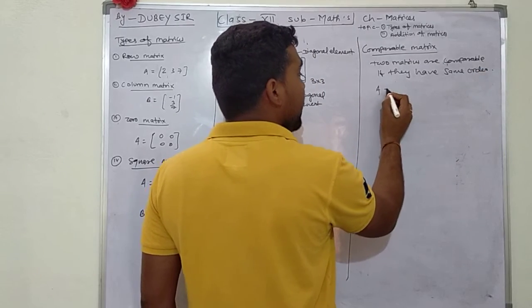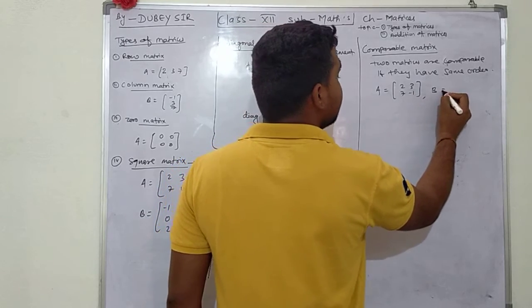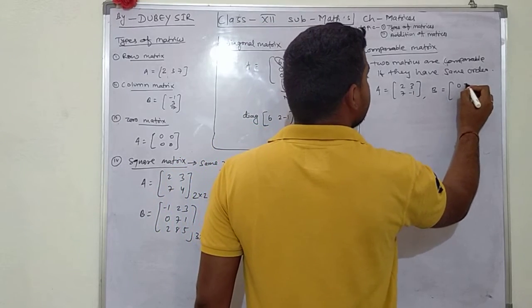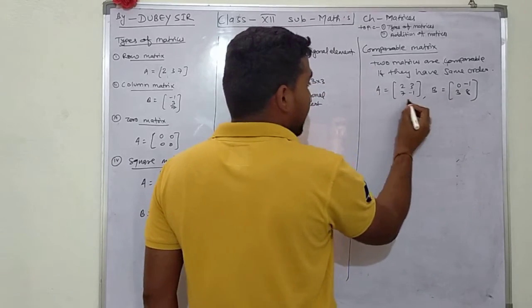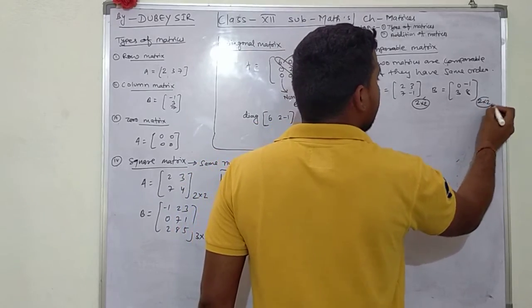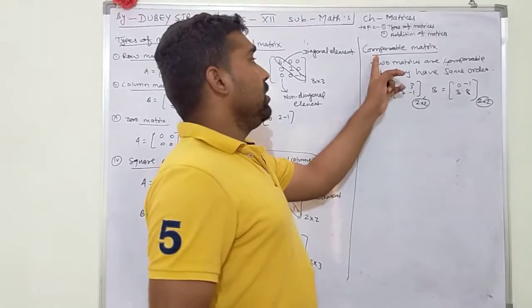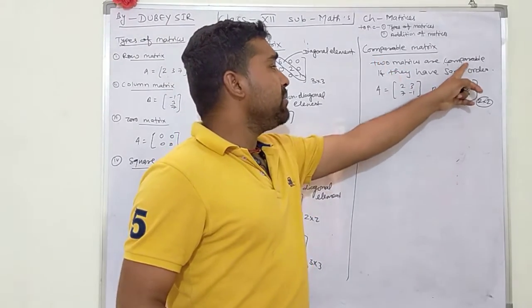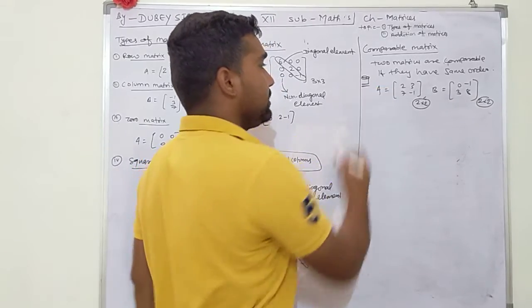For example, A is a matrix of 2, 3, 7, -1, and B is a matrix of 0, -1, 3, 8. A has order 2 by 2, and B also has order 2 by 2. Therefore, A and B are comparable matrices. These are examples of comparable matrices.